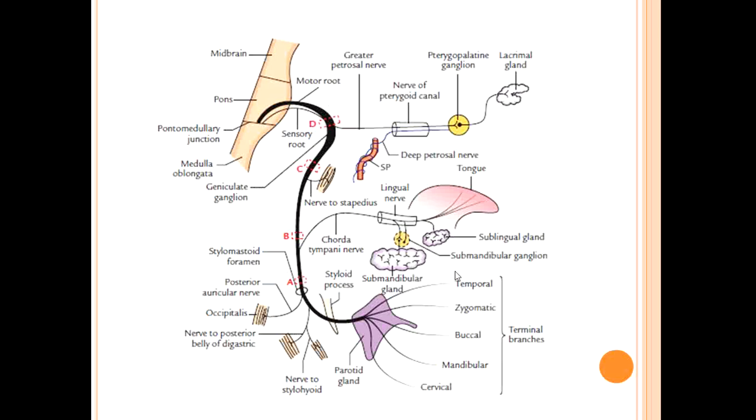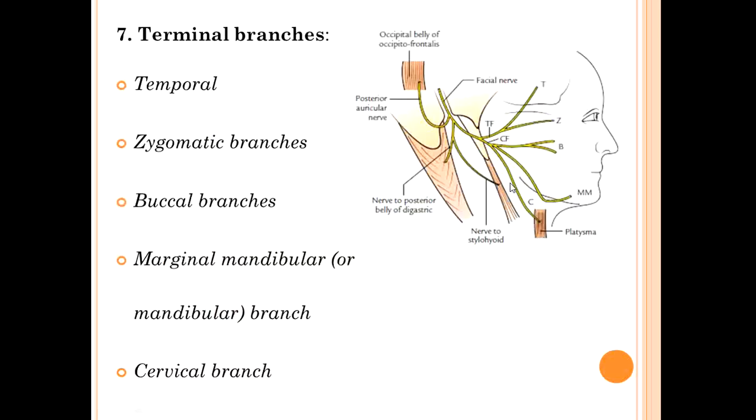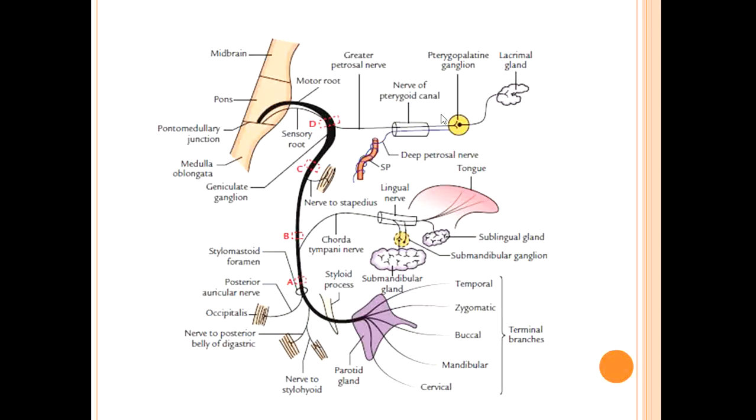Okay, so you can see here the whole course. Here is the facial nerve arising. This is the motor root. This is the sensory root. They both are reaching here where they are forming a ganglion, that is the geniculate ganglion.